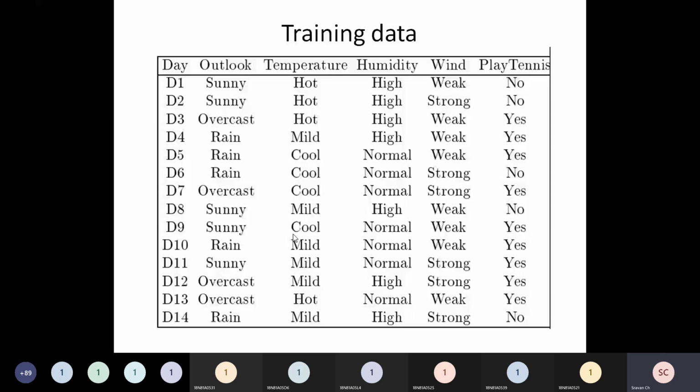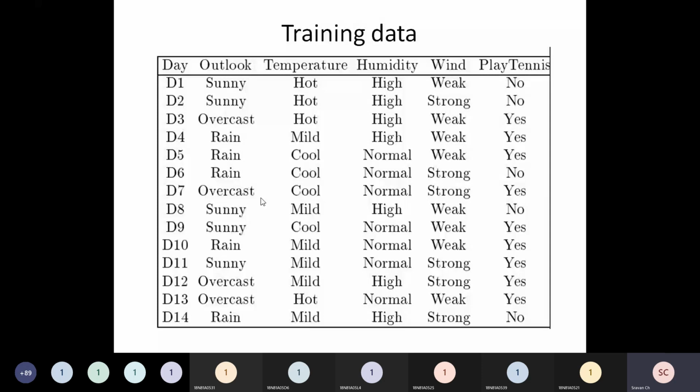So how many times did sunny come? 1, 2, 3, 4, 5. How many times rainy? 1, 2, 3, 4 and 5. How many times overcast? 4 times. Now, when I want to calculate entropy for an attribute, I can't calculate entropy on the entire attribute directly.